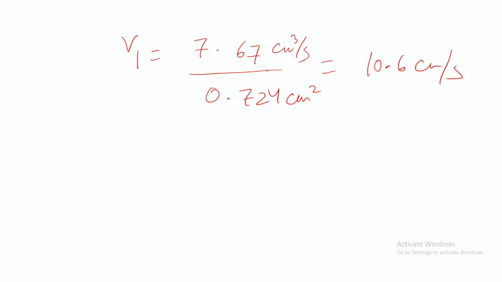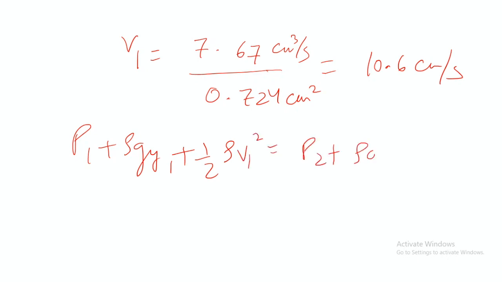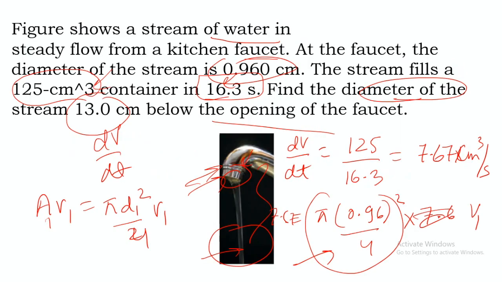you'll use Bernoulli's theorem. So using this, at P1, see, this is the point. If I take this as P1 and this as P2, so this P1 here is P naught because it's the atmospheric pressure.